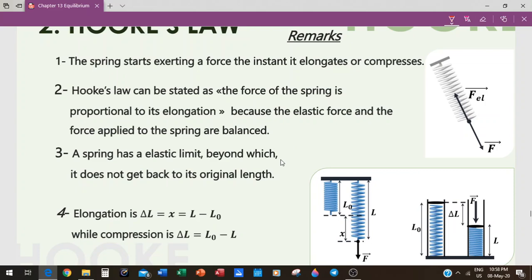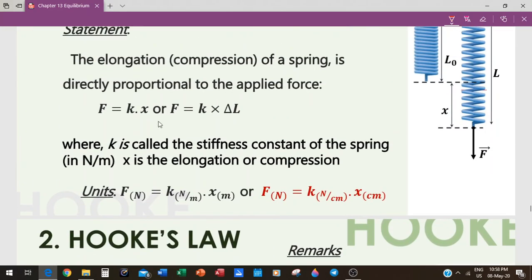So W equals T equals mass times gravity. So this force may be W equals K times X, or T equals K times X. In general, we name it the applied force on the spring F.